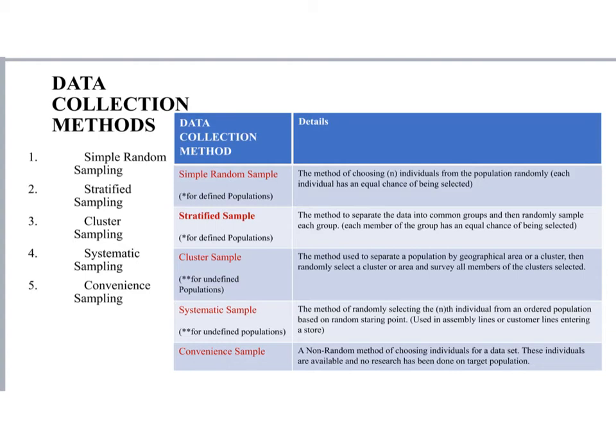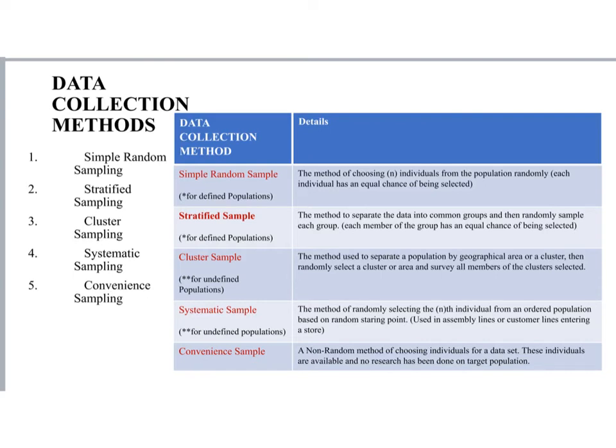Each individual has an equal chance of being selected. Stratified sampling is the method to separate the data into common groups and then randomly sample each group. Each member of the group has an equal chance of being selected. This is also used for defined populations.